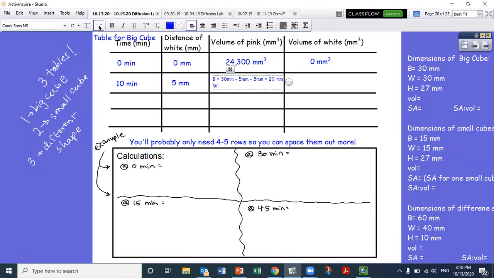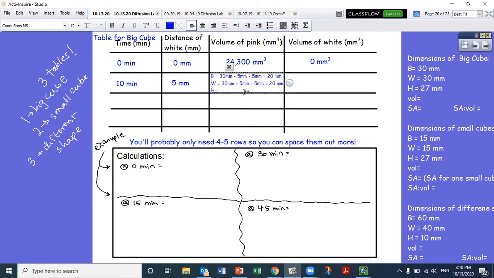Your width is pretty much the same. And then your height has the same amount diffused in and out.